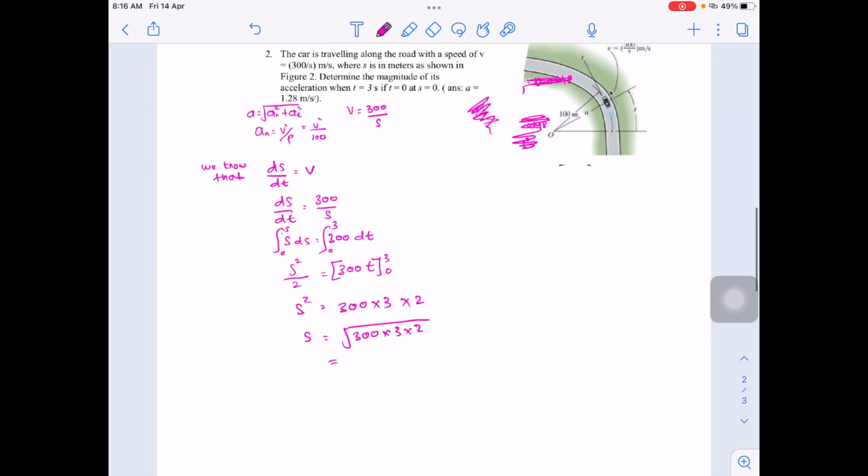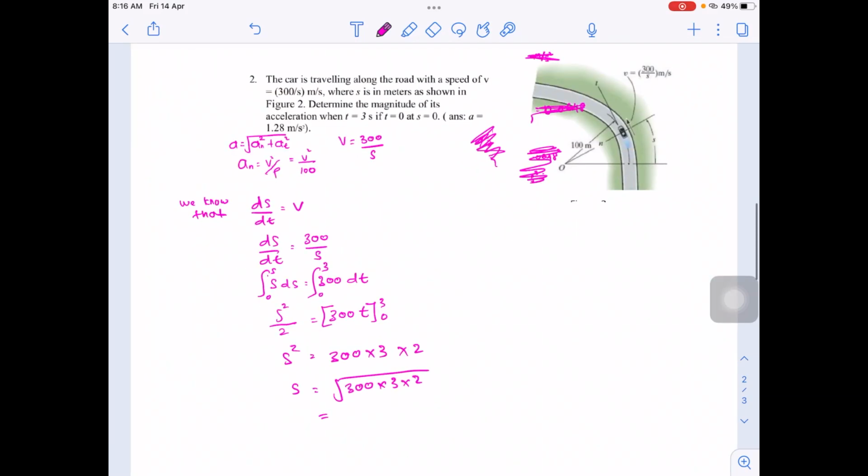Ni faham tak jelas. Saya balik ni. So S squared over 2 is equal to 300 times 3. Alright, so S squared is equal to 300 times 3 times 2. S is equal to the square root of 300 times 3 times 2.